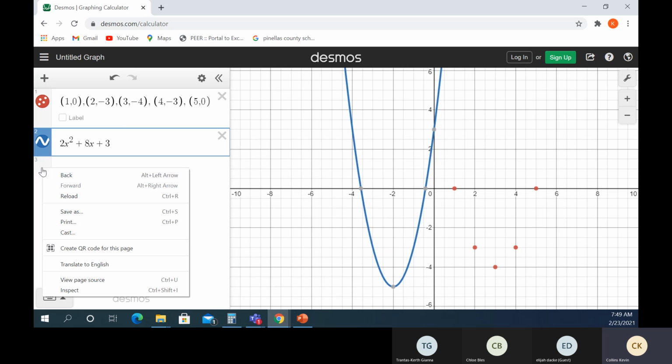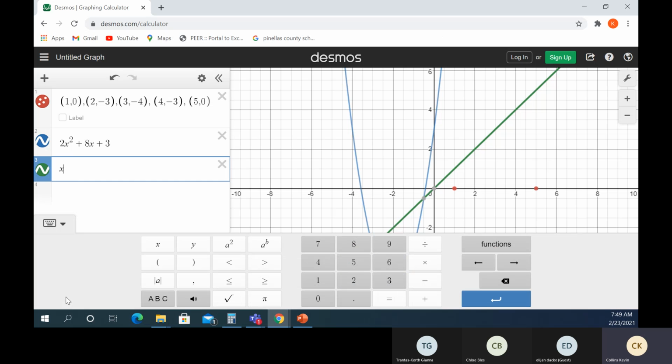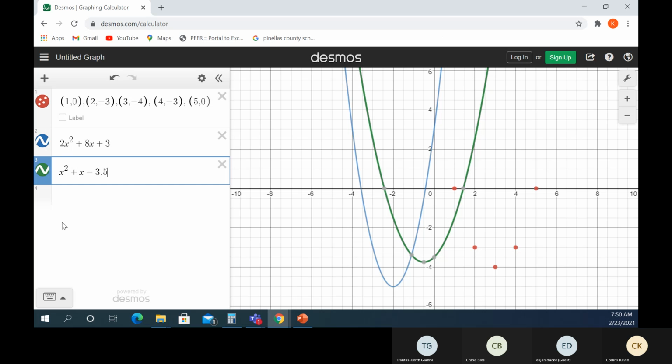And then our last guy here, we had x squared plus x minus 3.5.